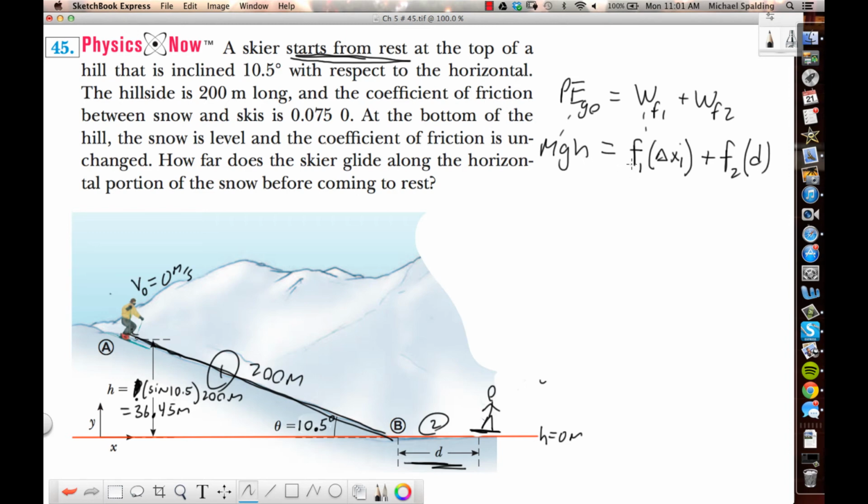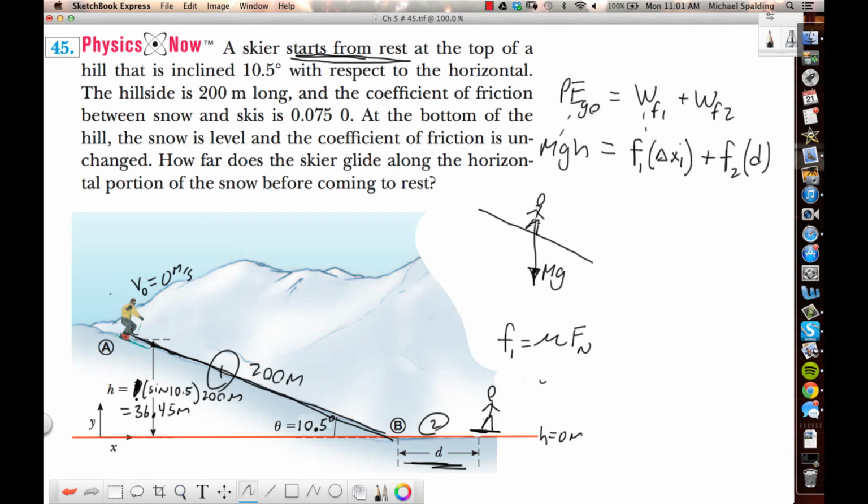All right, now frictions. We got to plug in for friction here. What's the equation for friction? mu times normal force. So let's find friction 1. When the guy is on the hill, so here I'm going to draw the hill right here. Here's the dude. To figure out the normal force, you got to do a free body diagram.